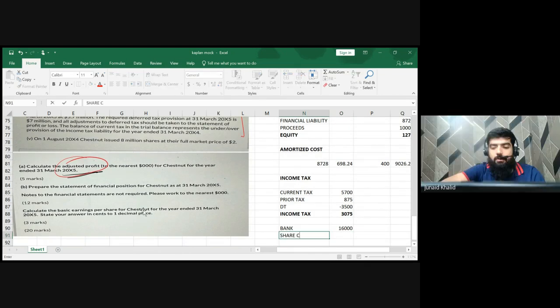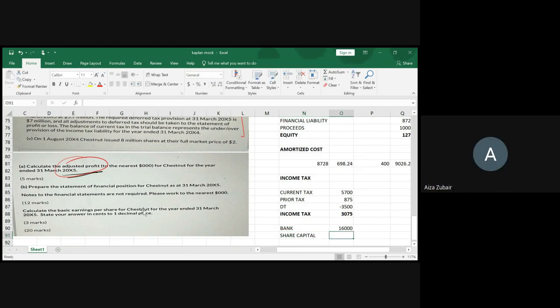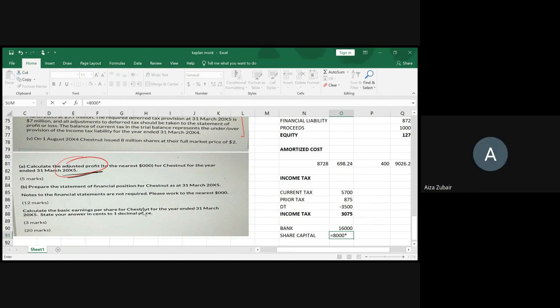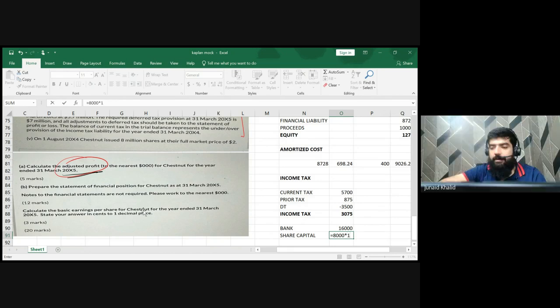Right. Okay, share capital is always recorded at par value. Very good. So this is 8,000 multiplied by, is it 1, the par value? Very good.